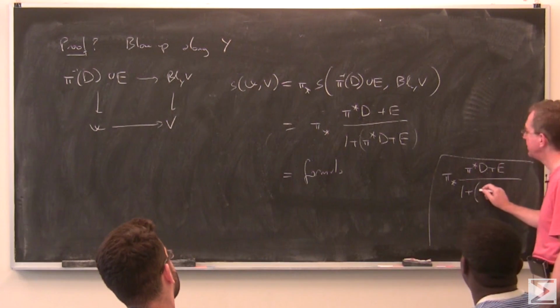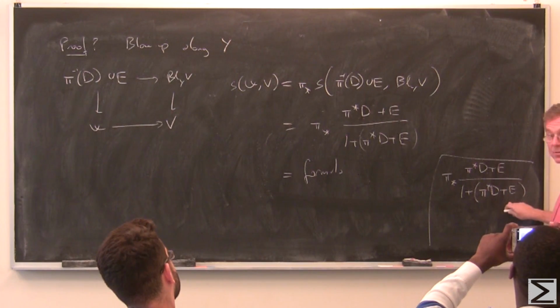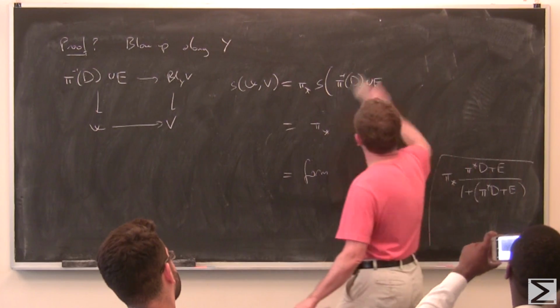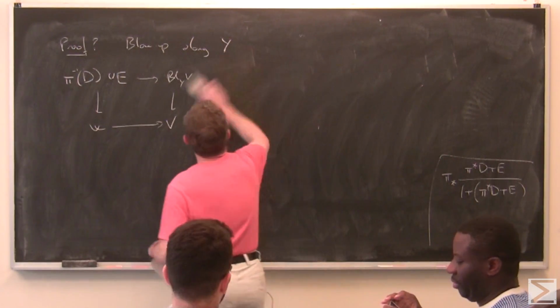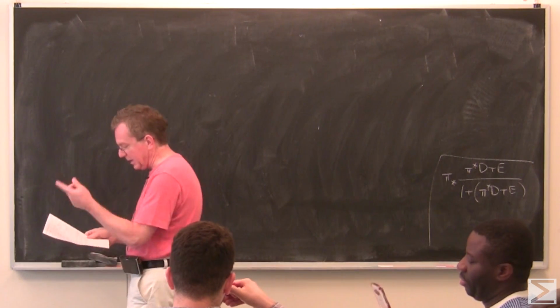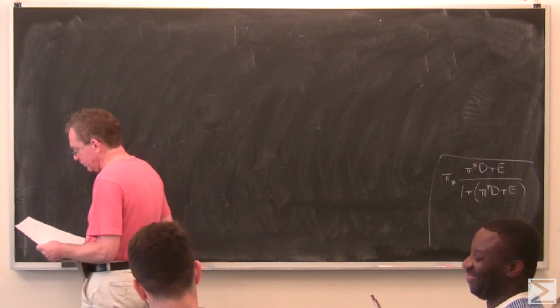And one of you pointed out that it's more readable if you actually single this out as a parenthesis. This is 1 plus. I use that kind of trick all the time. I don't know why you don't.